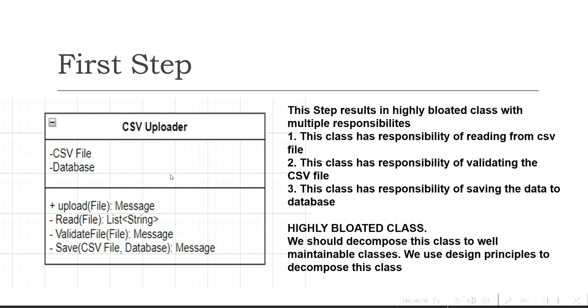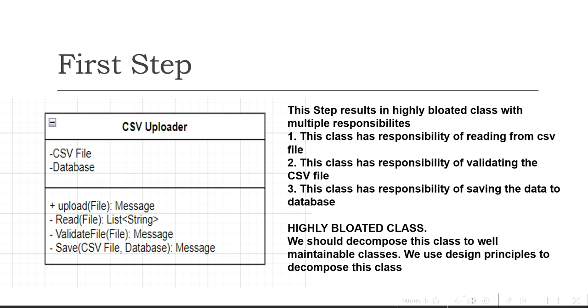So there is one big advantage and a disadvantage as well. The advantage is that everything is contained within a single class, right? Whatever changes you make will be done in this class. But there are disadvantages as well, mostly disadvantages. Don't you think this class is a bloated class? It has all the stuff: upload, read, validate, save, everything in one class. What is the problem in having that?